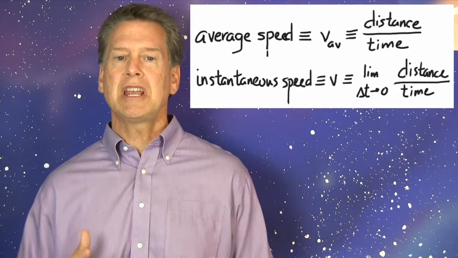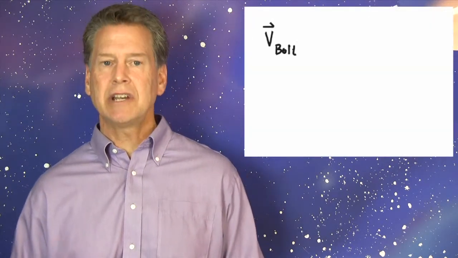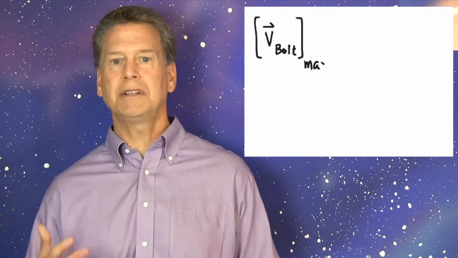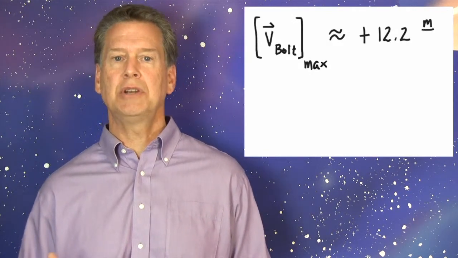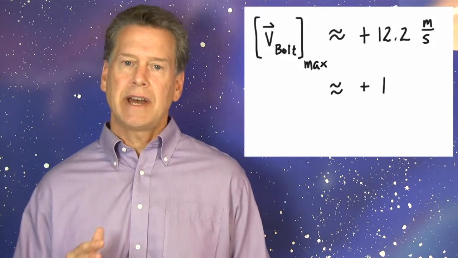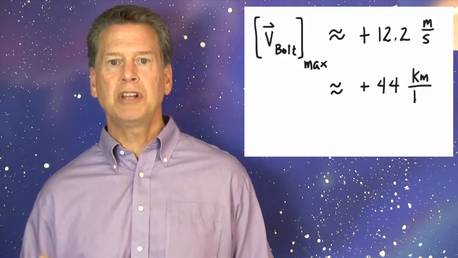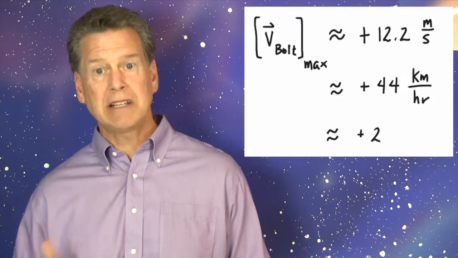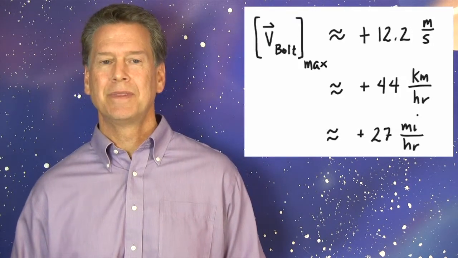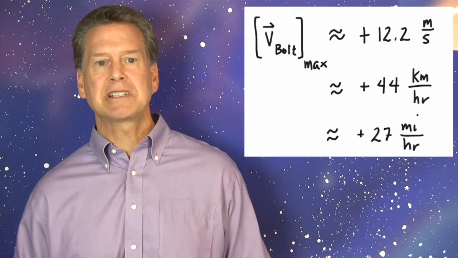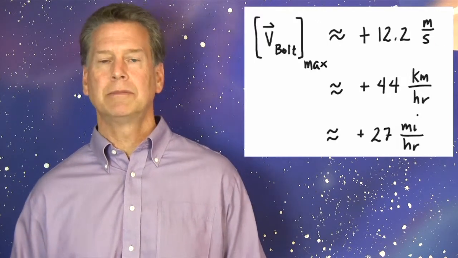By the way, Usain Bolt's greatest instantaneous velocity during that legendary 2008 gold medal dash was plus 12.2 meters per second. That's about plus 44 kilometers per hour and is slightly more than plus 27 miles per hour. He reached that maximum velocity at about the halfway point.